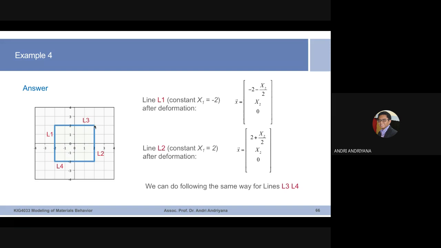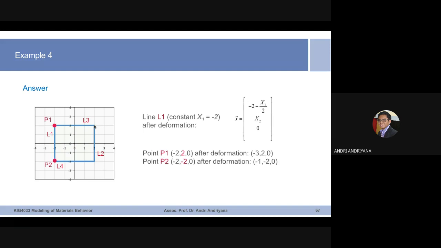Okay. So first, let's say that for the corner point P1, and also P2 here, the line describing line 1 is these equations. Now for point P1, the coordinate of point P1 is -2, 2, so the x2 for point P1 is 2.